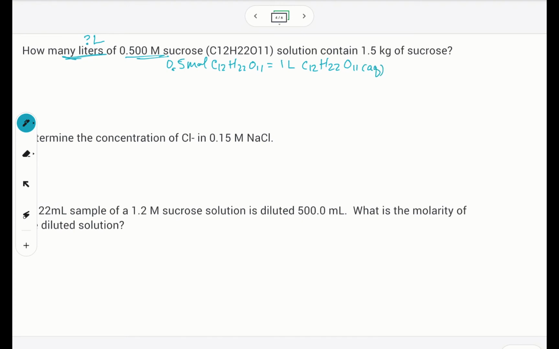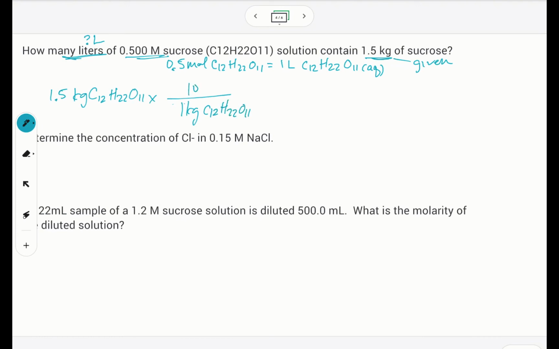And it says that it contains 1.5 kilograms of sucrose. So that's clearly our given, because the molarity is a conversion. So we'll start with our mass of sucrose, 1.5 kilograms of sucrose. Obviously, step 1 is we're going to have to get from kilograms of sucrose to grams of sucrose, and that will be step 1.